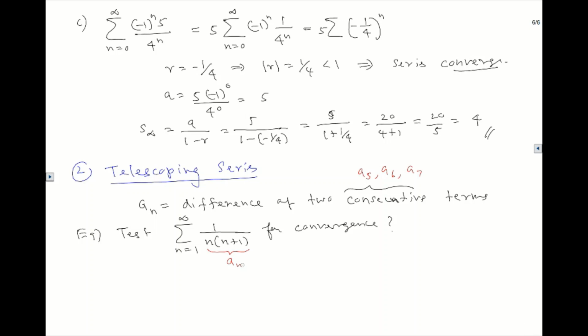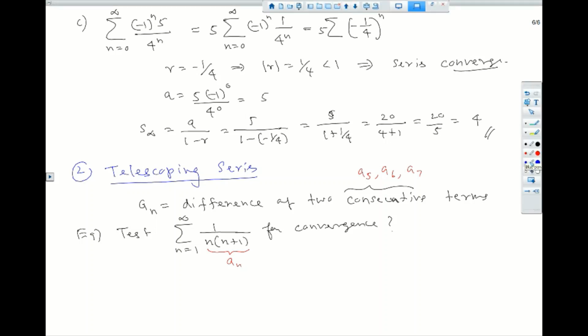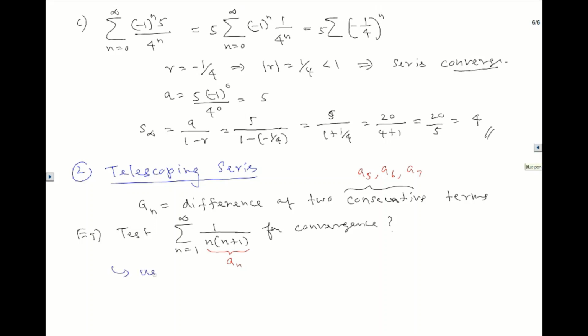And how to do that? To do that, we can use the partial fraction method. Or any basic trick, or basic algebra, but the partial fraction method is kind of systematic.